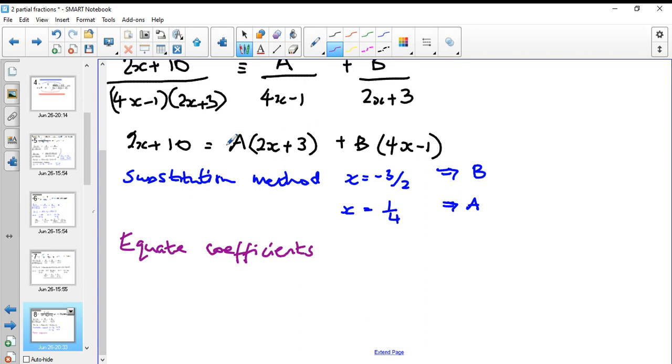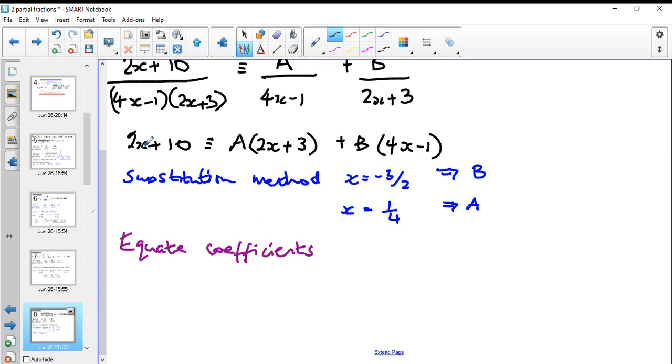Right, if we're going to equate coefficients, basically what I'm saying is, because this is technically an identity, the coefficient, so remember the coefficient means the number in front of each term. So the coefficient of x, in this case, is 2.